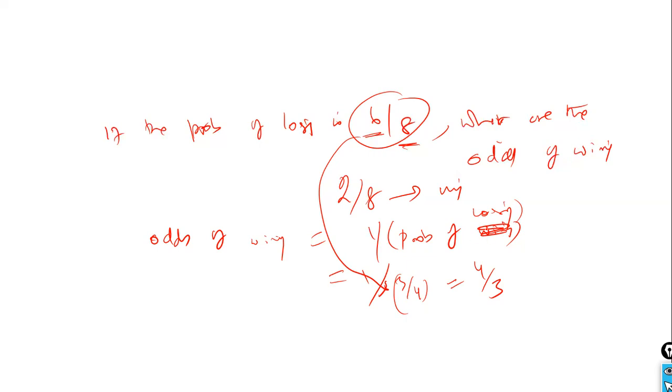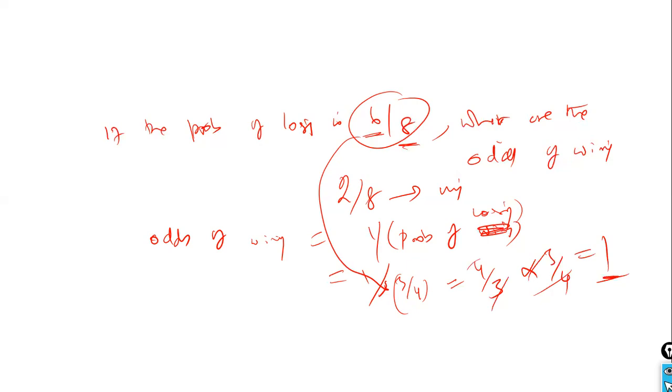Okay, இது என்ன பண்ணணும்? This is odds of winning. This one you need to multiply with the odds of losing 3/4, right? So if this one and this one we multiply, இங்க வந்து 1 வந்துரும். Odds is 1.